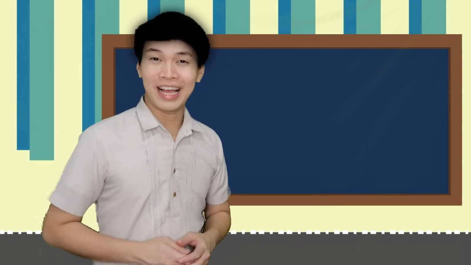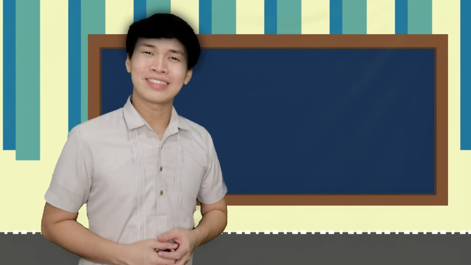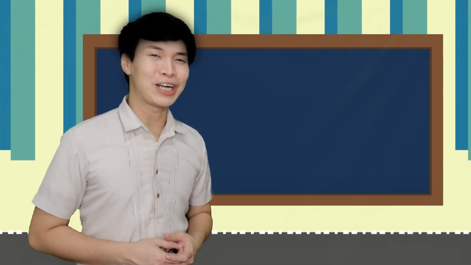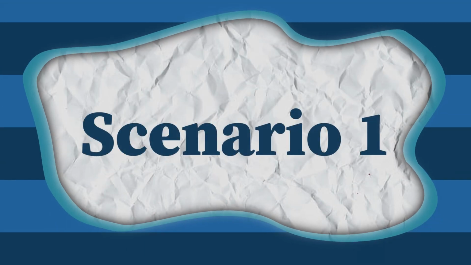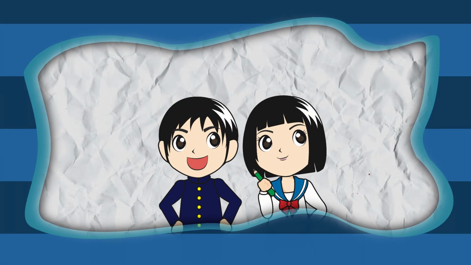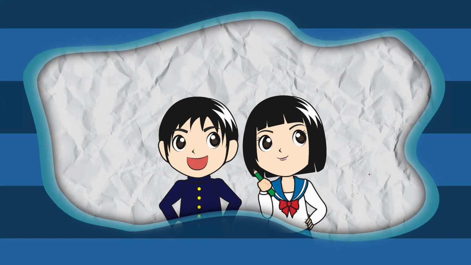In your book, class, the Schramm Model has a field of experience. What is this all about? Let me give you two scenarios to better understand the concept. Scenario 1. Two students are talking about their learning experience during this pandemic.